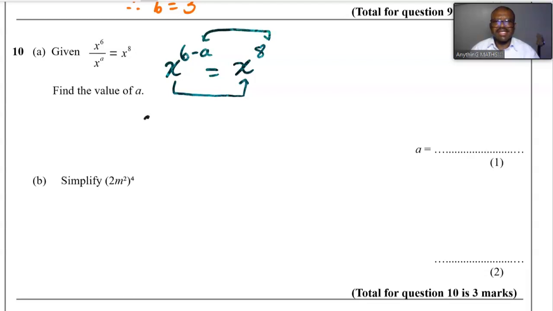So we can say 6 minus a should be equal to 8. Now a should be equal to 6 minus 8, which will give you negative 2.